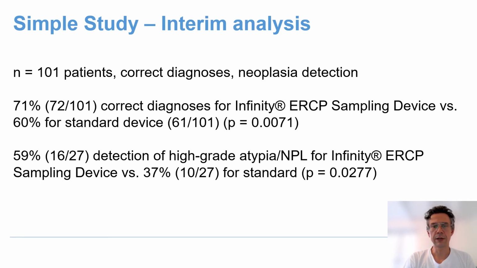For high-grade atypia or neoplasia detection, the diagnosis was correct in 59%, which means 16 out of 27 patients, for the Infinity ERCP sampling device versus 37%, which means 10 out of 27 patients, for the standard device. This was also a significant difference between both brushes.